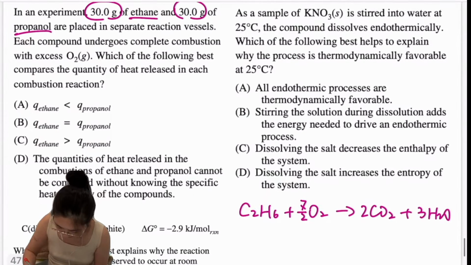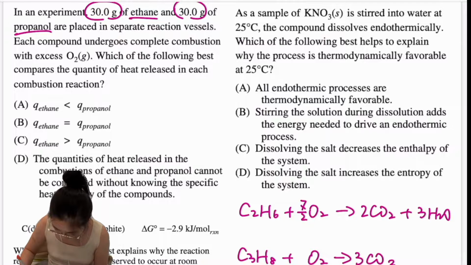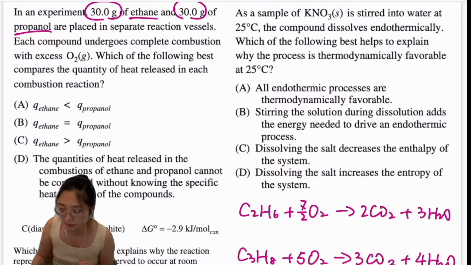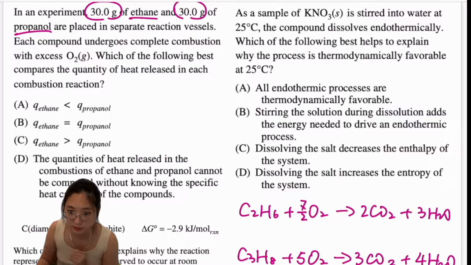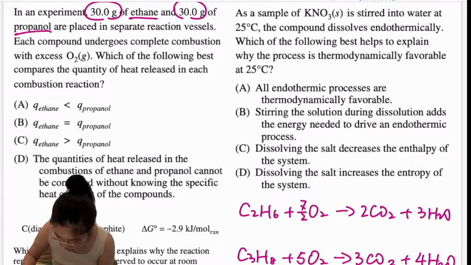And for propane, that's C3H8 plus oxygen, so that's 3 CO2 and 4 H2O. That's 6 plus 4, 10 oxygen, so it should be 5. Now I'm going to compare the number of moles of the ethane and propanol in 30 grams. Actually, never mind. That's propanol, not propane. My bad.